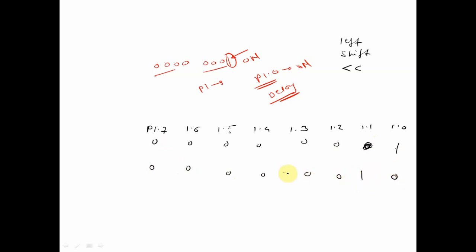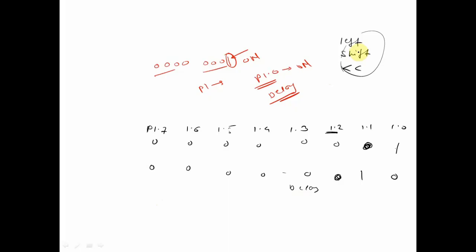Again after this I will send this second pattern to the port P1, and again I am going to add a delay. Now after this again I want to left shift it by 1, because now I want to turn on this next LED. So again use the same thing.